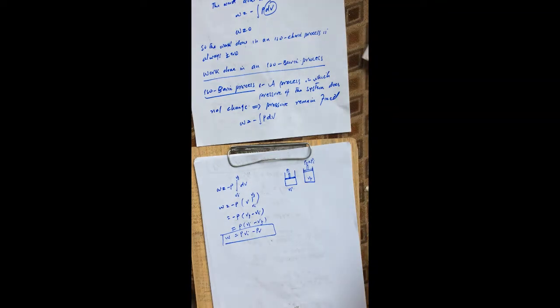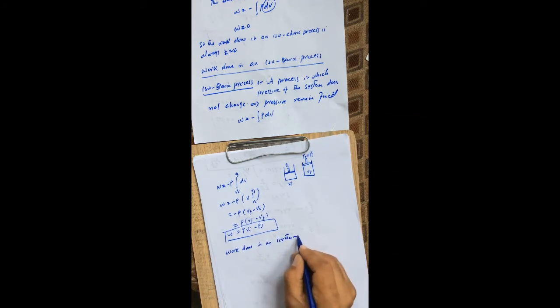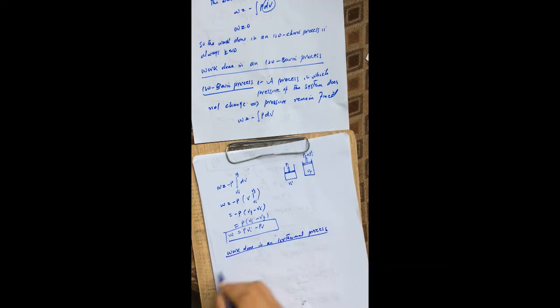So next we have another process which is called an isothermal process, the work done in an isothermal process. So what is an isothermal process?